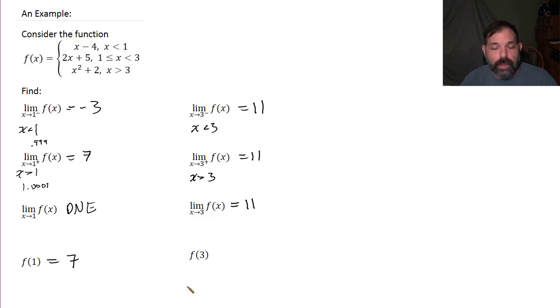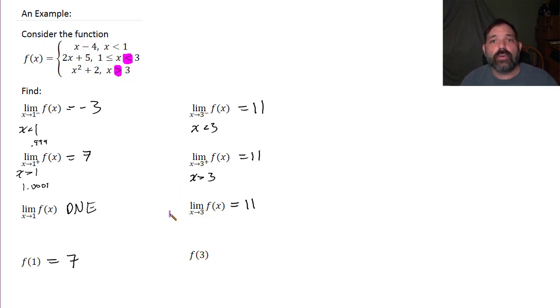Now, f of 3. All right, so we look at f of 3. Now remember, this means, what is the function value when the input is 3? Well, if we look at our rules for this function, it's defined if x is less than 3, and it's defined if x is greater than 3.